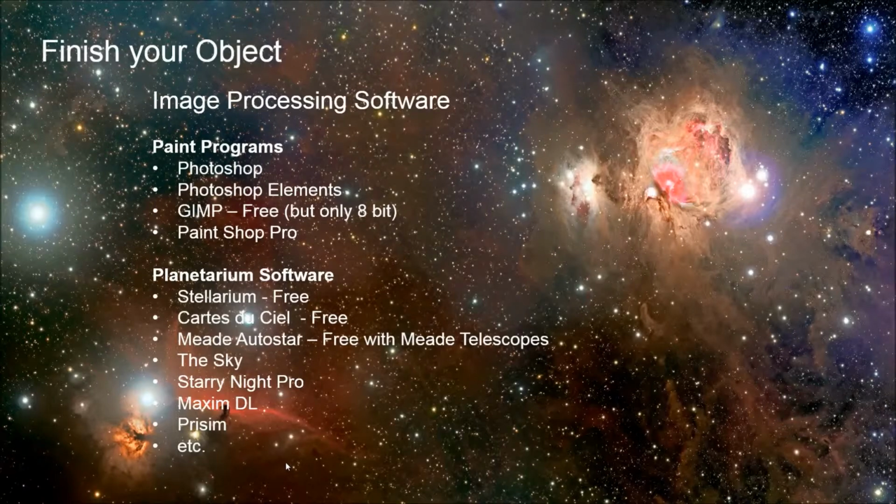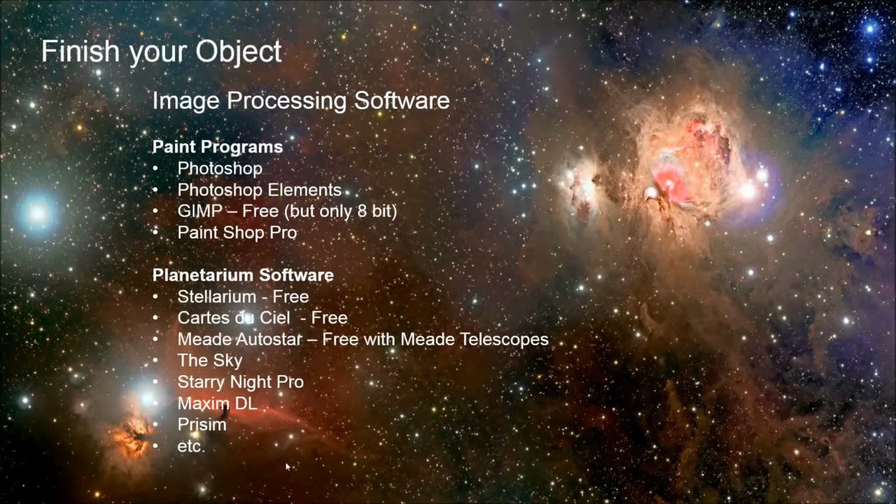Photoshop, or the lighter version of that, Photoshop Elements, although that's missing some important features, namely curves. There's GIMP, which is kind of a free Photoshop clone, but I meant to check again, and it was only 8 bits of color depth up until, like I said, I haven't checked yet.